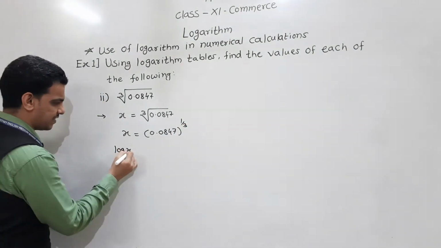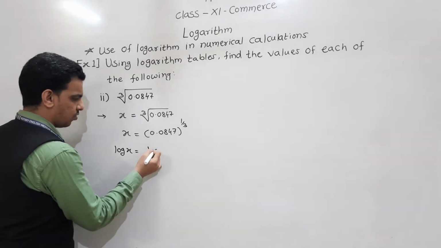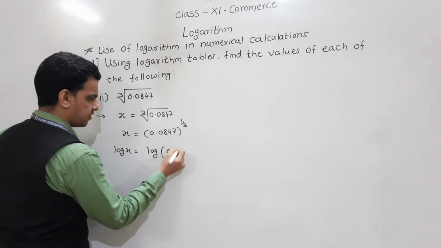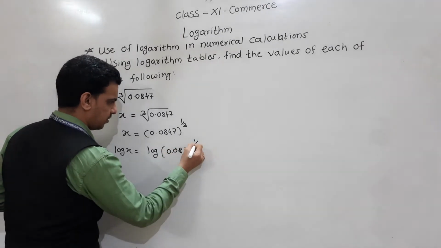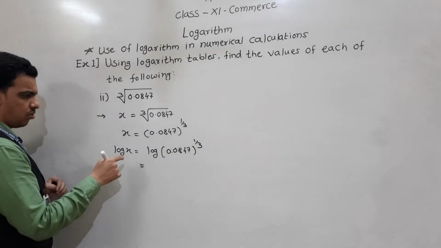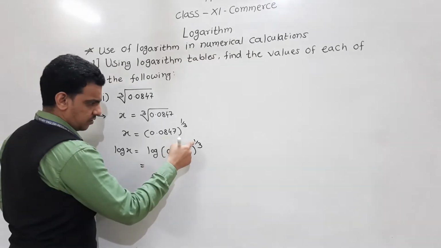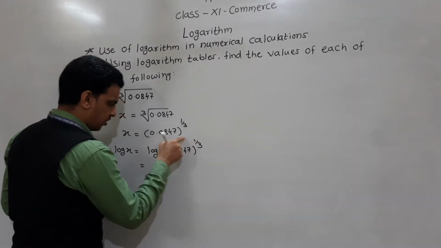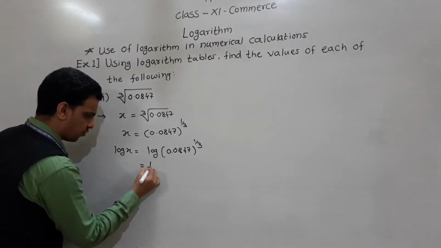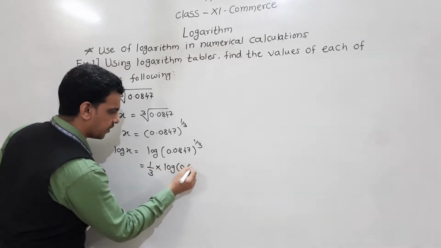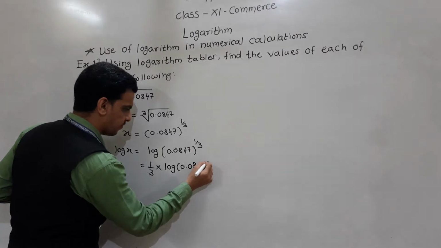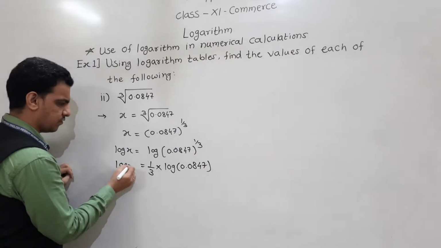So log of x is equal to log of 0.0847 raised to 1 by 3. Then by using the log rule, this exponent becomes the coefficient of the log, so 1 by 3 into log of 0.0847. So log x is equal to this.